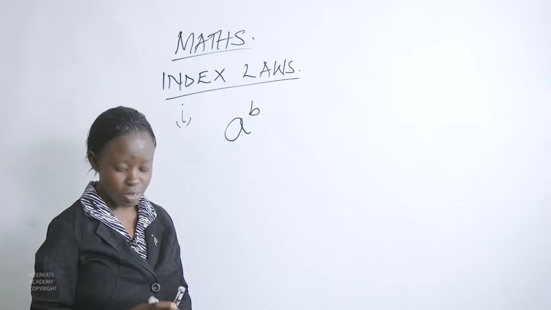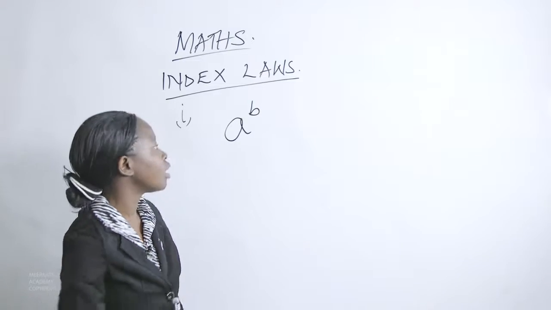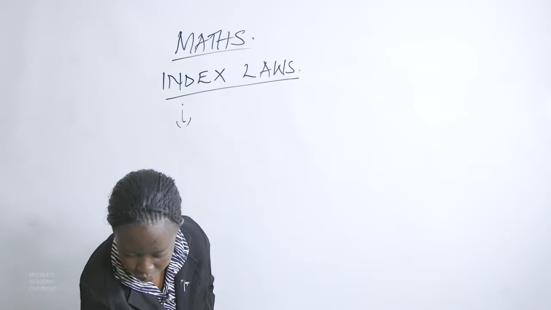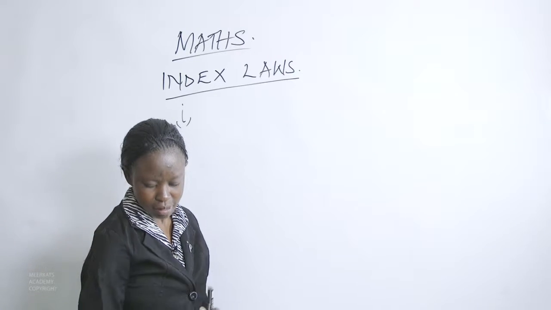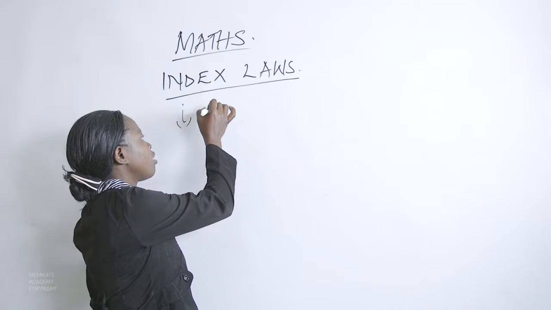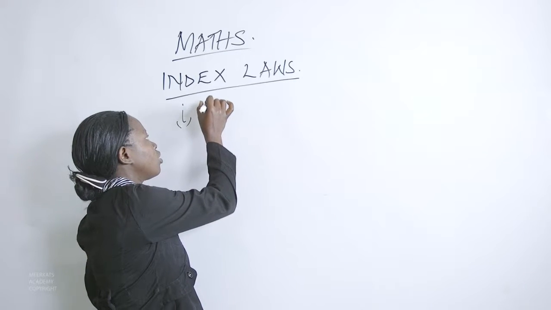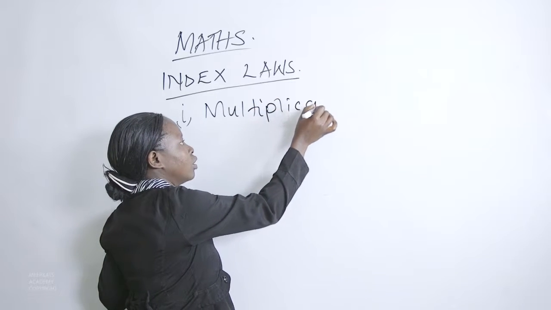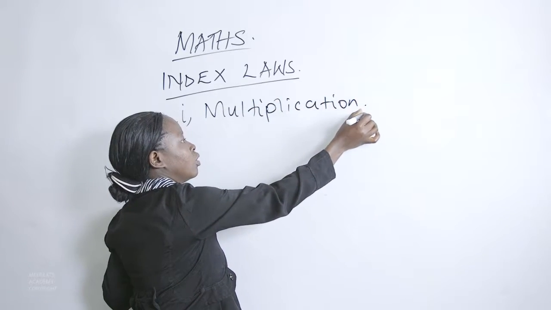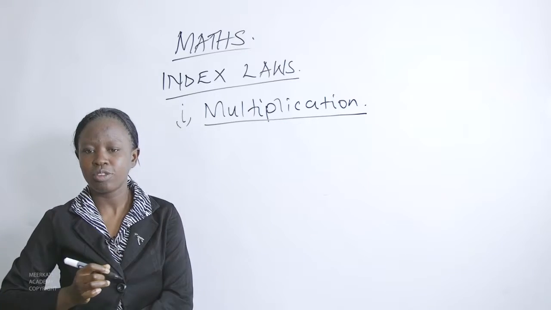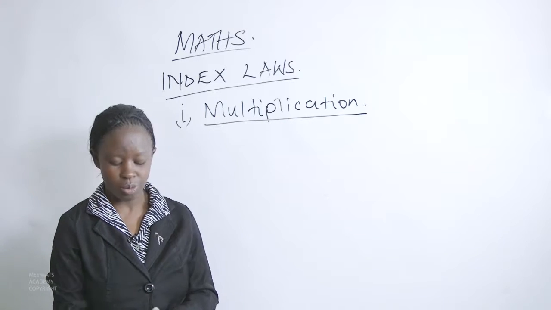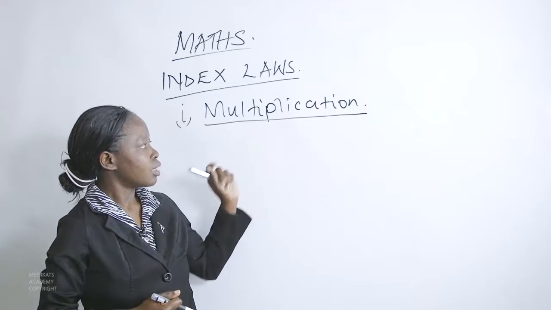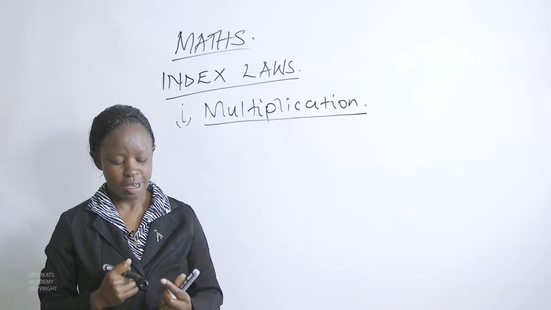The first law that we are going to look at is the multiplication law when looking at the indices. When we deal with multiplication of indices, we consider the base.